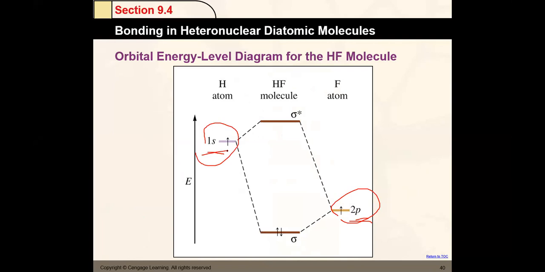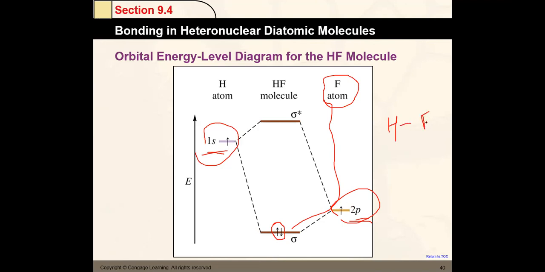Then after that, you can construct your MO. 2 atomic orbitals obviously are going to create 2 MOs. But the electrons, where are the electrons closer to? If I look at the diagram, these 2 electrons are closer to the F atom, right? Which makes sense because when you have HF, we know by electronegativity which one wins.